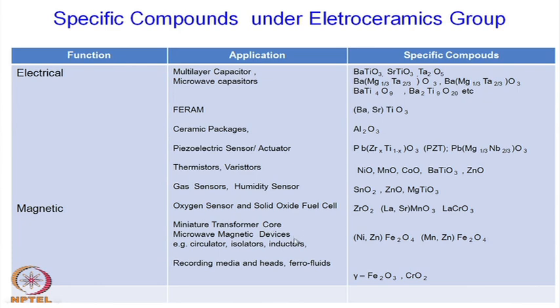Of course, iron silicon alloy is still used in very high power transformers, but for miniature transformers for different electronics components, I think the only solution is ceramic magnets, either in the radio frequency range or in the microwave range.